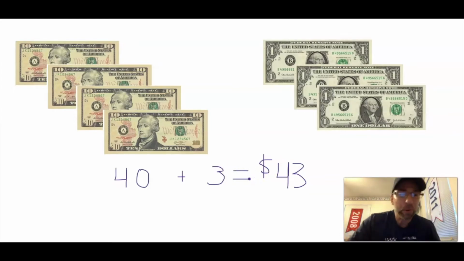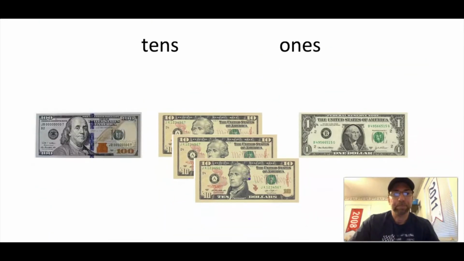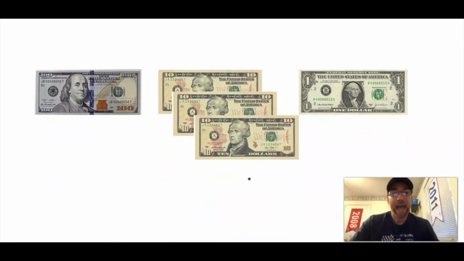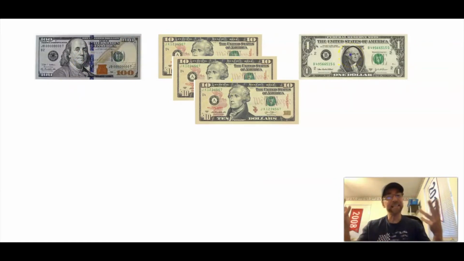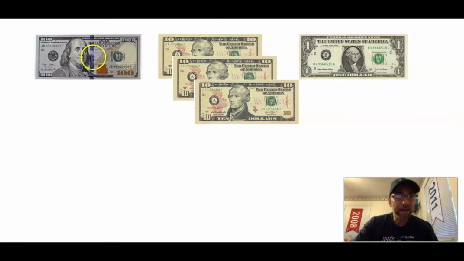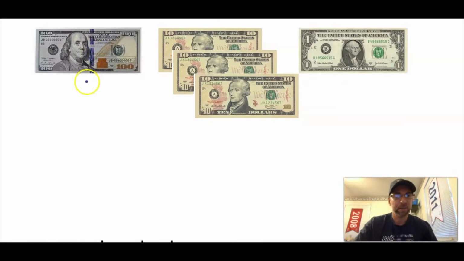Let's try another one. Oh, so this one, we have a $100 bill this time. We have $10 and we have a $1 bill. So I like to count my biggest one first. That's the $100. So I have a $100 bill.